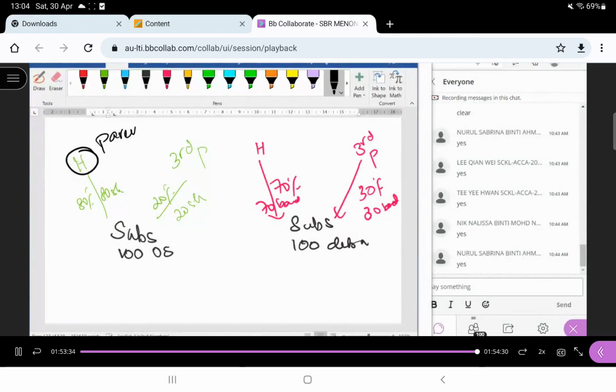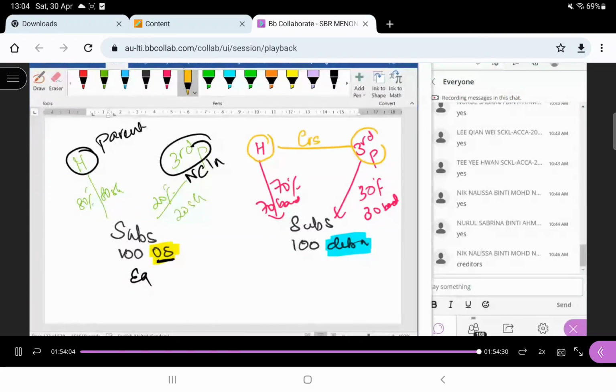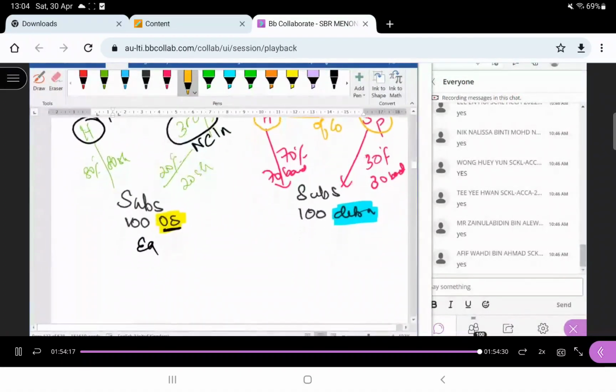This fellow is called parent. This third party, because they hold ordinary shares, equity, is called NCI. But when we just hold bonds, you and me, both of us, are just called creditors of the company. Are you clear? Can I move on?